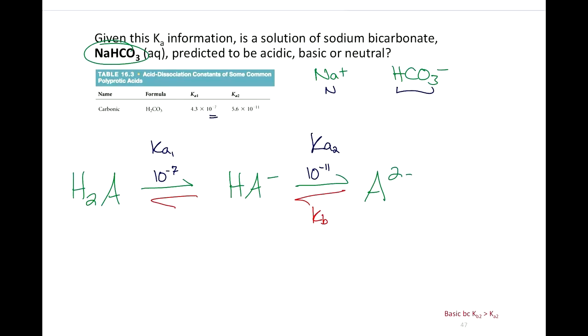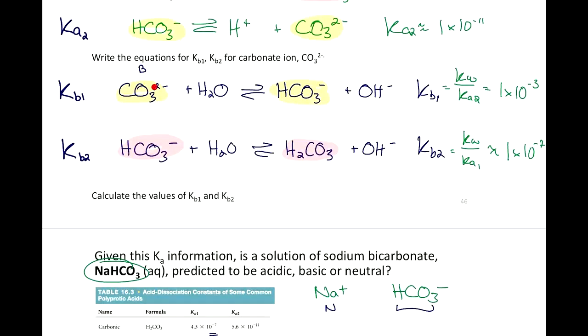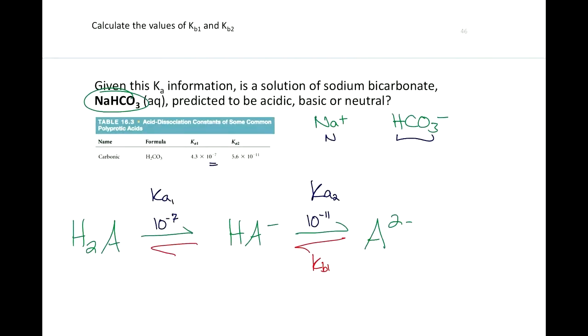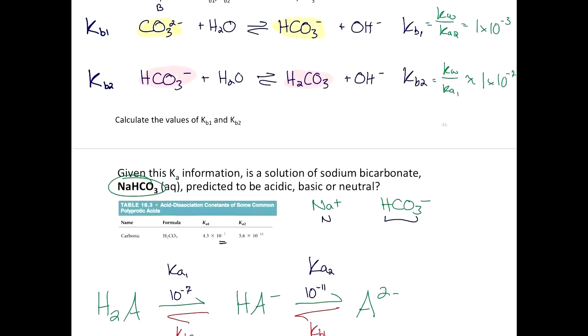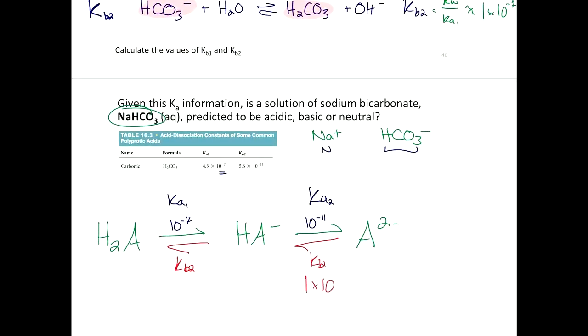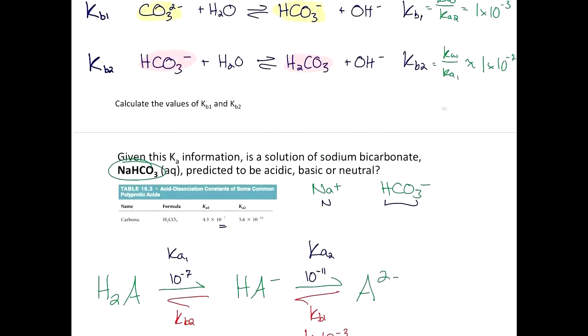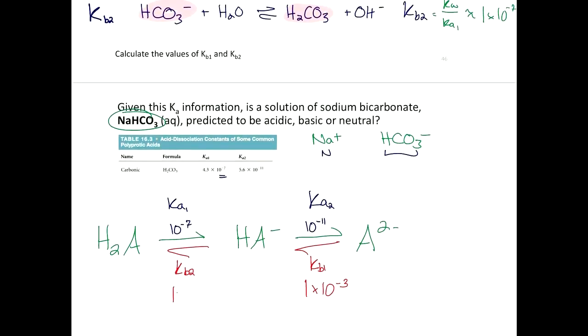This is Kb1, because A2 minus becomes HA minus, carbonate goes to bicarbonate. That means the second step is going to be Kb2. And we got values for that as well. Kb1 is 1 times 10 to the negative 3, and Kb2 is 1 times 10 to the negative 7.